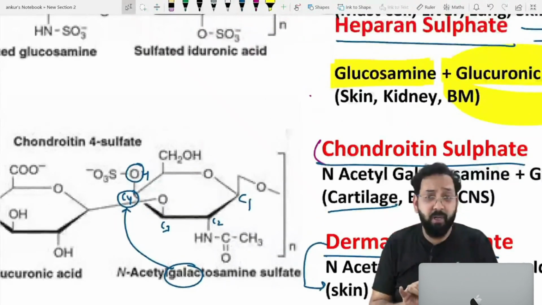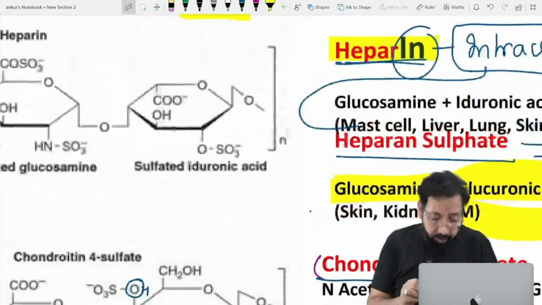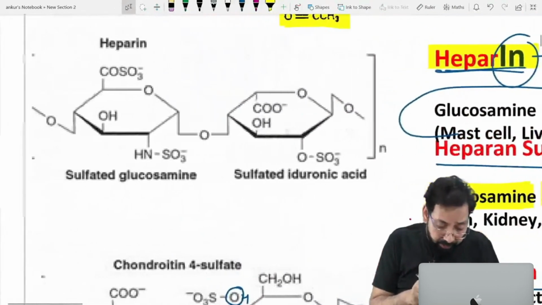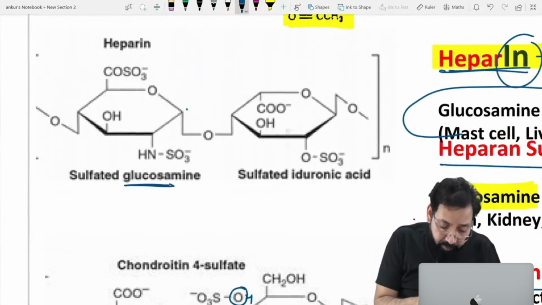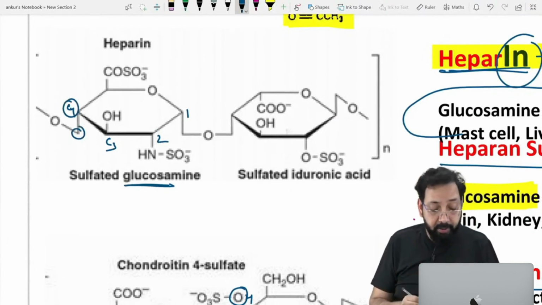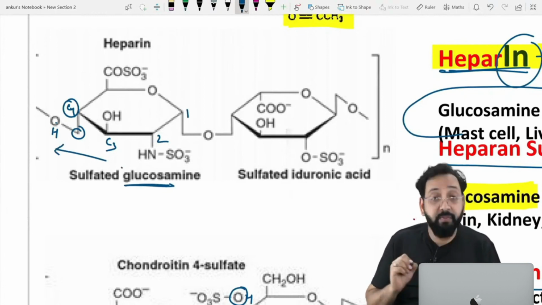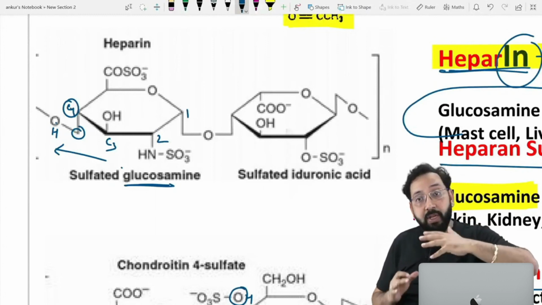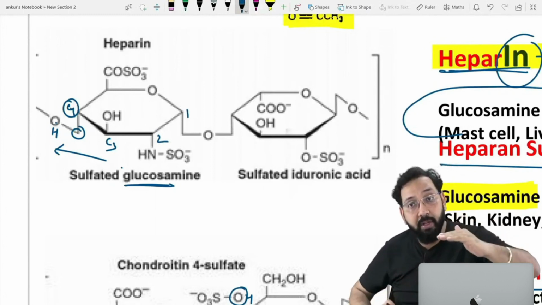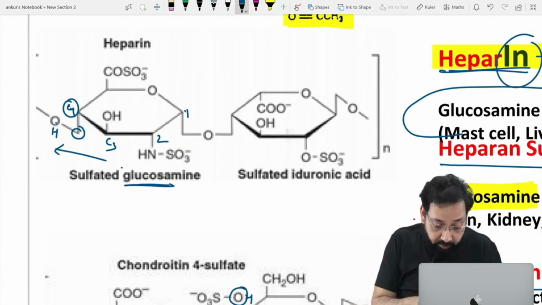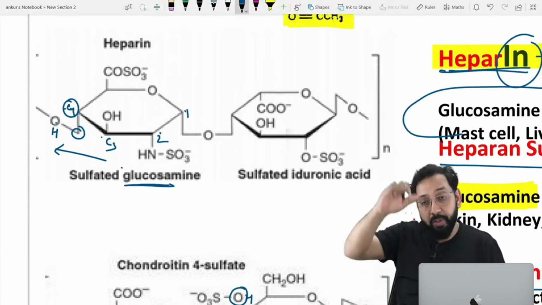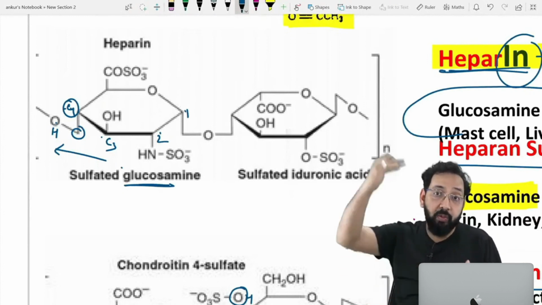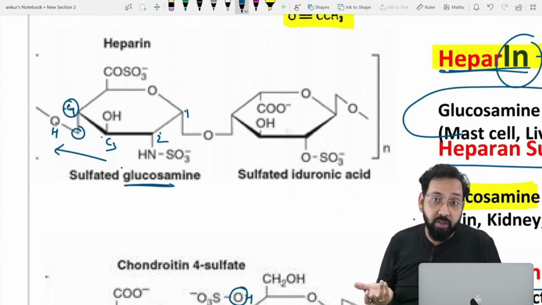Even if you don't remember, it's okay, but I am going to solve your doubt. C1, C2, C3, C4. OH is below the plane, that is glucose. Glucose and galactose differ in OH orientation at carbon number 4. You count 1, 2, 3, 4. If at C4 OH is below the plane, this is glucose. If OH is above the plane, this is galactose.